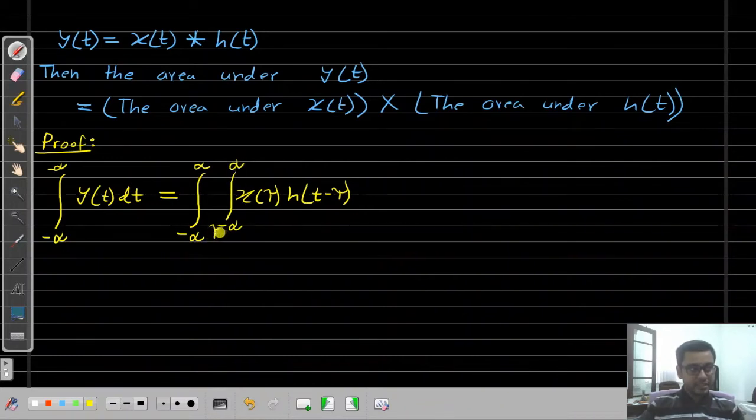This integration is over tau d tau, and then this integration is over t dt.